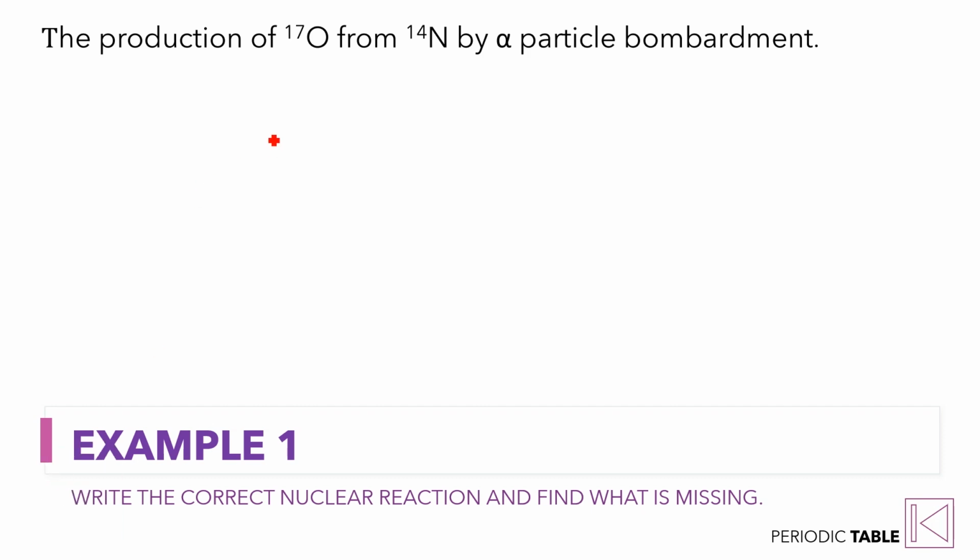Next is from N. So we are looking here at the production of oxygen 17 from nitrogen 14 by alpha particle bombardment. So in this reaction, we are bombarding, or hitting, with an alpha particle.